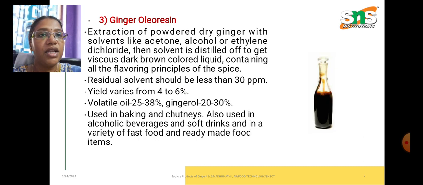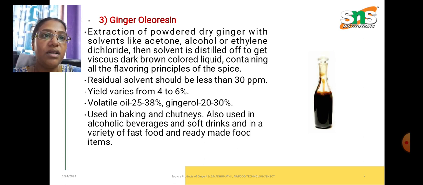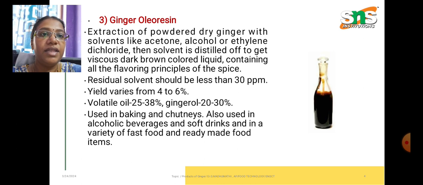And the third product is ginger oleoresin, made by extraction of powdered dry ginger with solvents like acetone, alcohol, or ethyl dichloride. Then the solvent is distilled off to get a viscous, dark brown colored liquid which contains all the flavoring principles of the spice. The yield varies from nearly 4 to 6% in the oleoresin extraction.